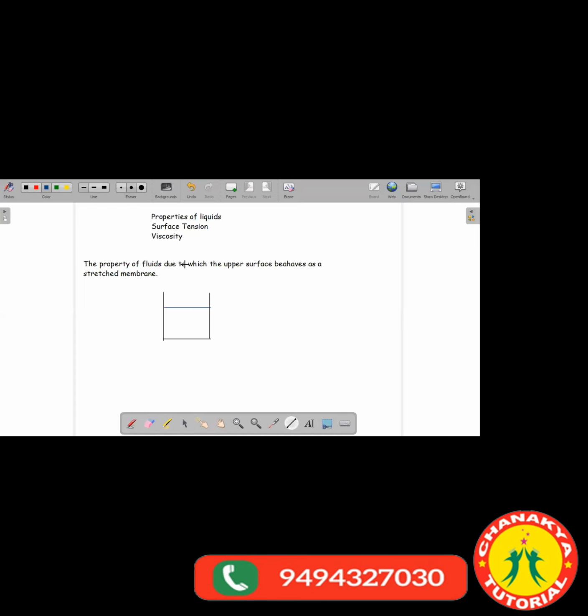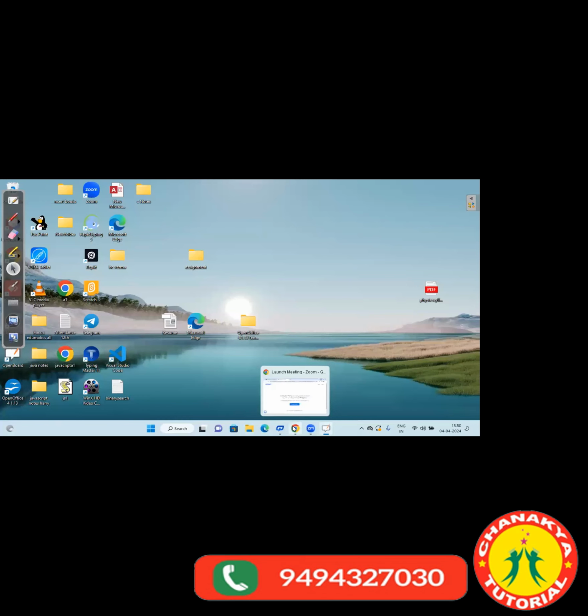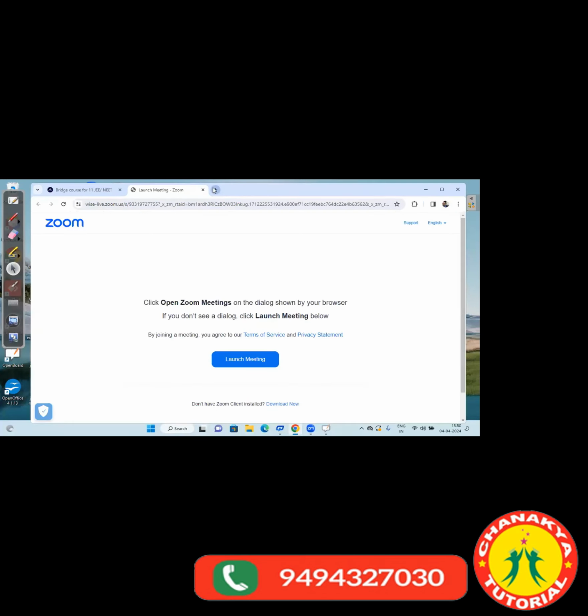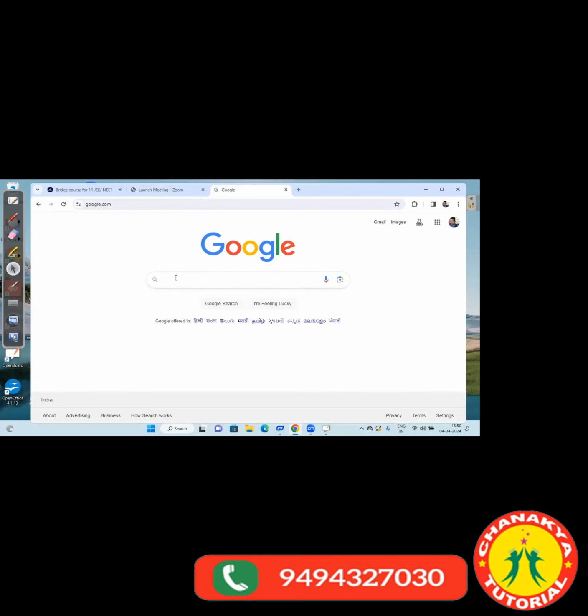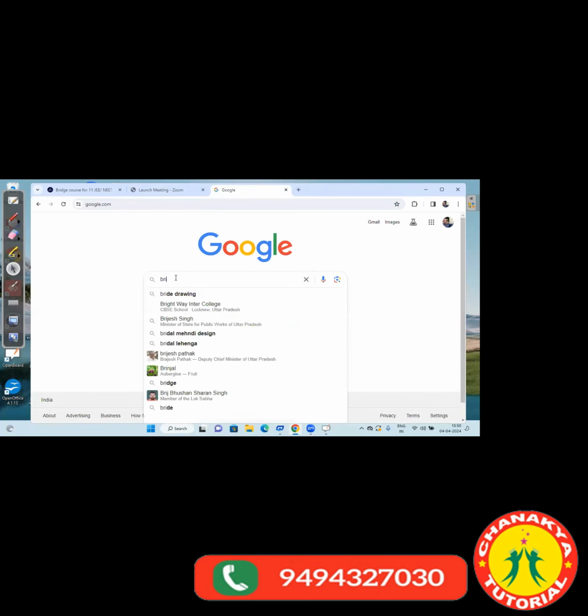So I'll just show you with the diagram what I'm telling here. See? I'm observing now bristles in water.